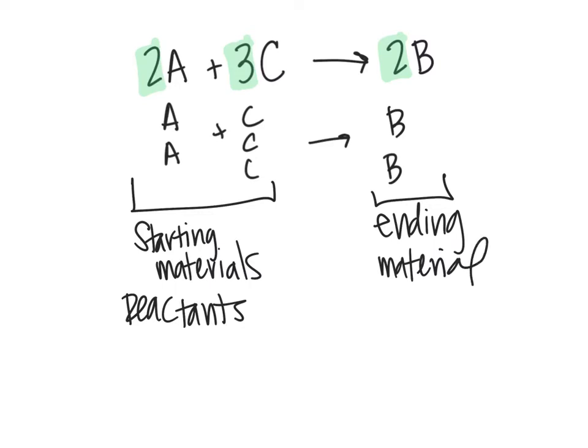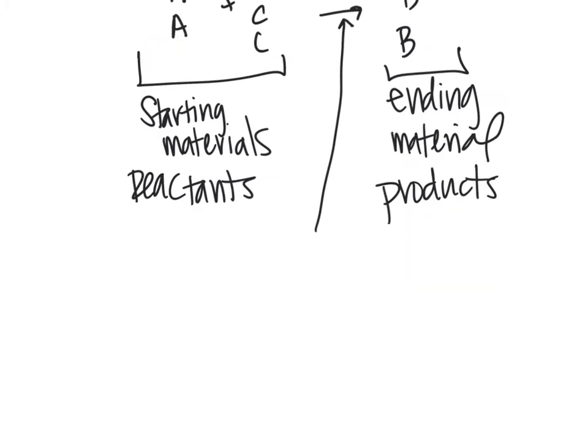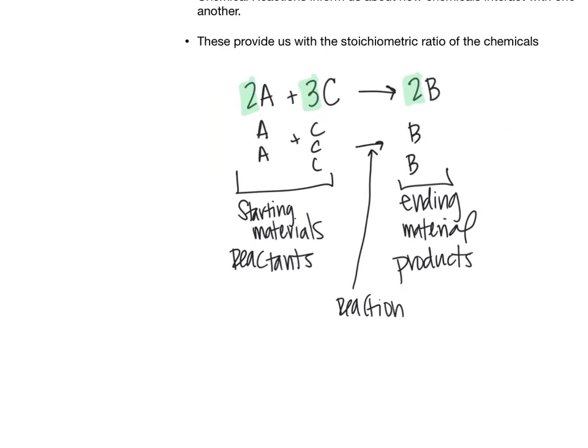And in chemistry, we tend to think of that as the products. And so this arrow up here basically tells you that a reaction is happening. And so you can say that 2 A's plus 3 C's reacts to form 2 B's.